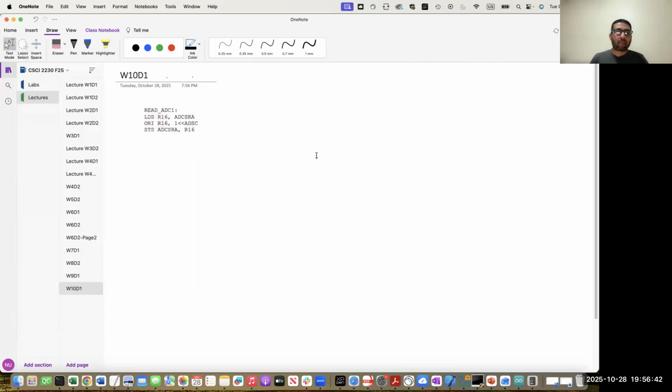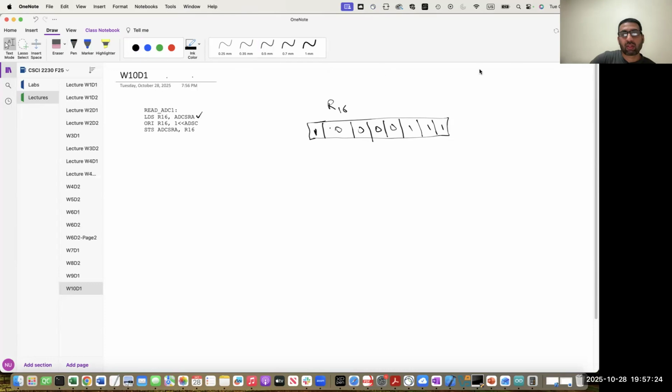In this line, I'm saying put the value of ADCSRA in R16, so in R16 I have the value, right? Remember in the previous step, we set the most significant bit equal to 1, we set all other bits equal to 0, and we set the least three significant bits equal to 1, and all other bits are 0. Is everyone with me until this point? If not, send me a message. Okay.